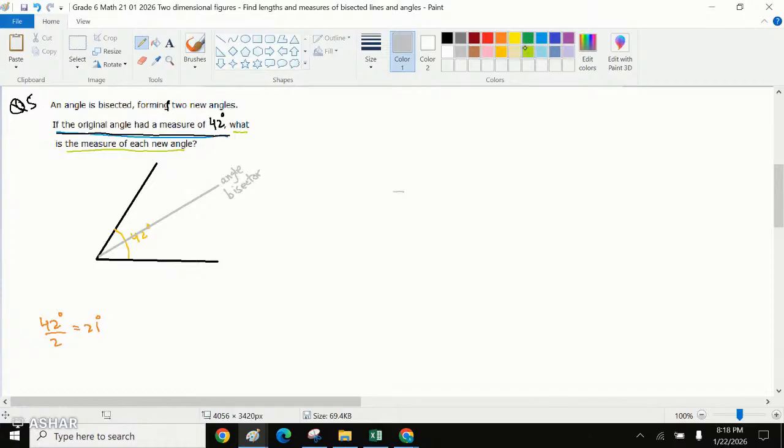Then each smaller angle will become 21 and 21 degrees. Do we agree? So the complete angle is always divided by 2 to find the bisected angles. Okay, thank you. Let's move ahead. Let's see what else we can do in this topic.